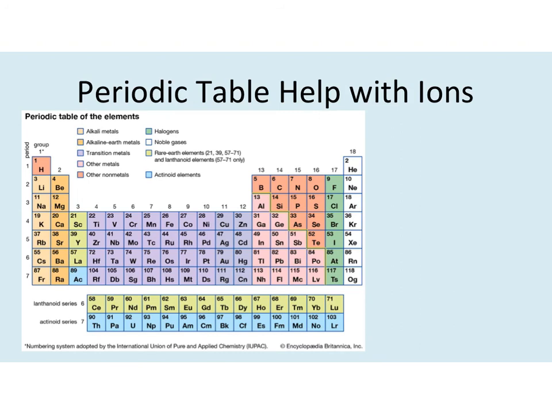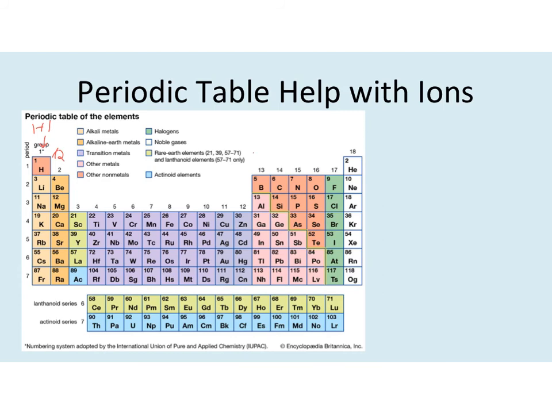Basically you look and you say, okay, everything in this column forms a plus. Sorry, I'm just trying to write in here. Everything in this corner forms a plus 1. Everything in this column a plus 2.